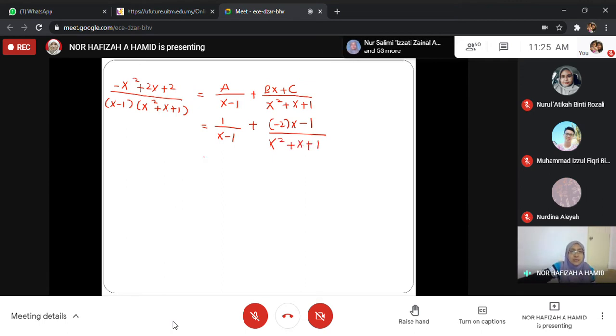Okay, you can simplify further: 1 over x minus 1, and here I factor out the negative, so you have (2x + 1) over x² + x + 1.